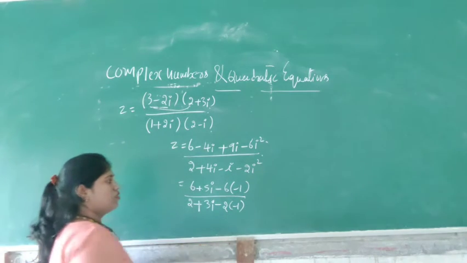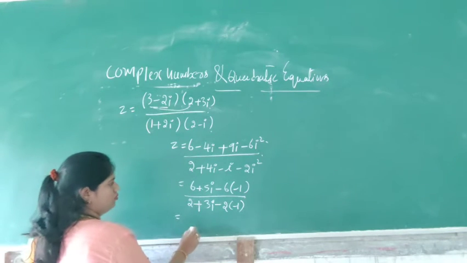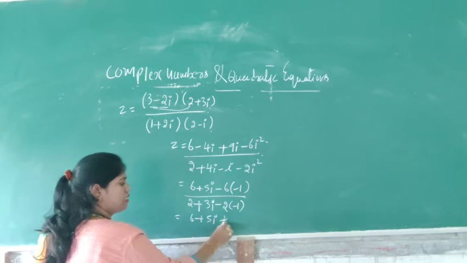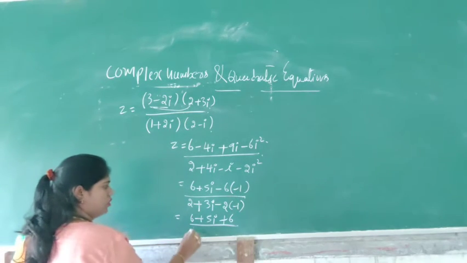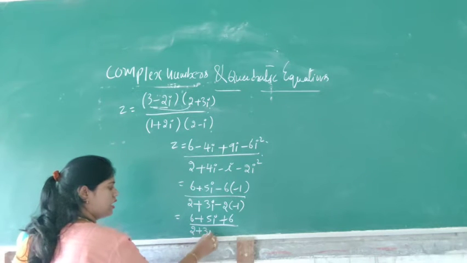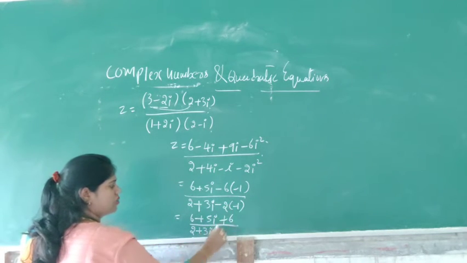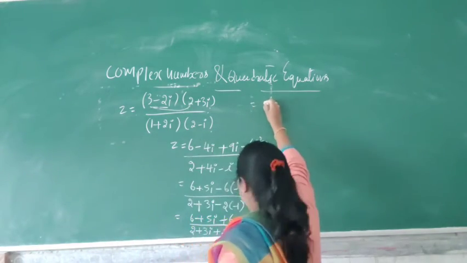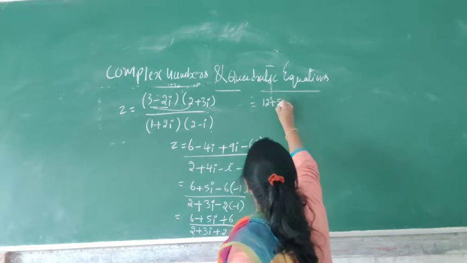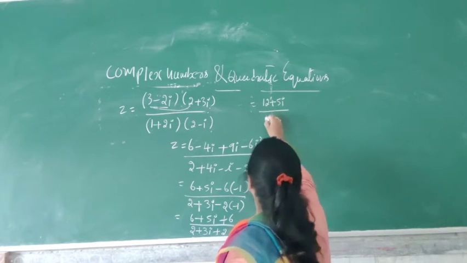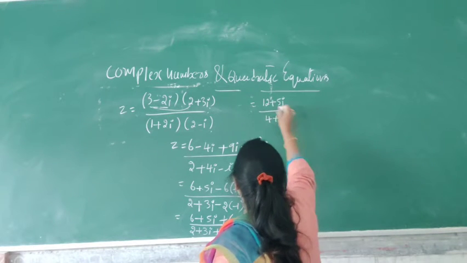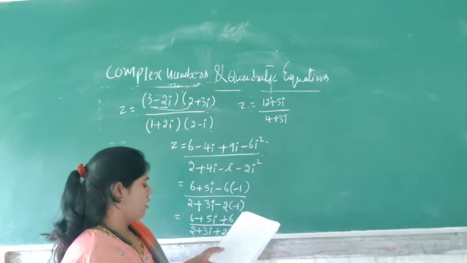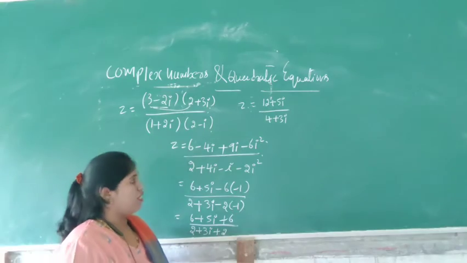The i square value is minus 1, which is equals to 6 plus 5i minus into minus plus 6, divided by 2 plus 3i plus into minus plus 2, okay, which is equals to 6 plus 6 is 12 plus 5i divided by 4 plus 3i. This one is z. Z is equals to 12 plus 5i divided by 4 plus 3i.